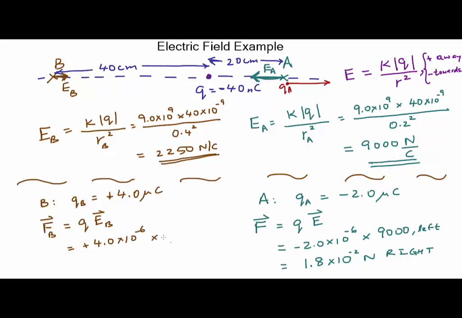I multiply that by my electric field of 2250 Newton per Coulomb. The coulombs will cancel. I'll get an answer in Newton of 9.0 times 10 to the negative 3 Newton.